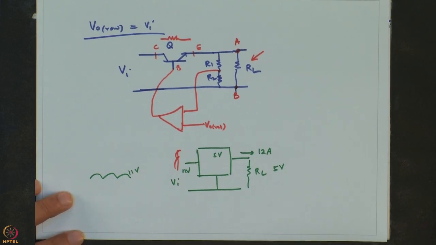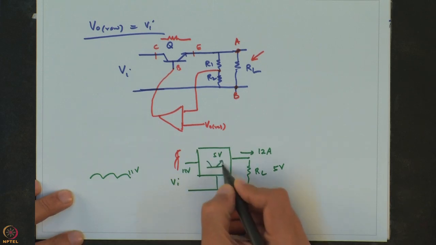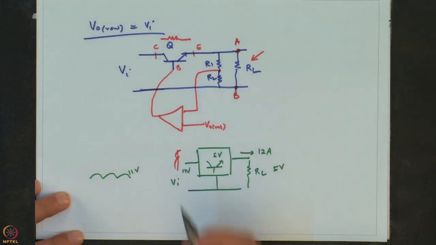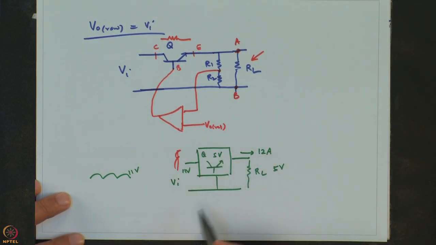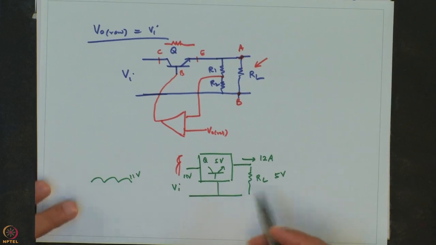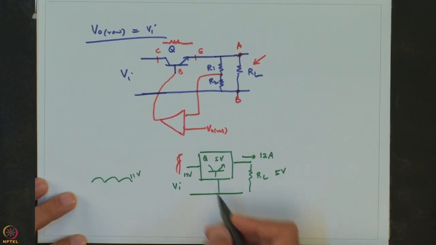So, what will happen now? You will see that our transistor Q, which we have seen before in the previous circuit, will drop 11 minus 5 volts, which is 6 volts across it.